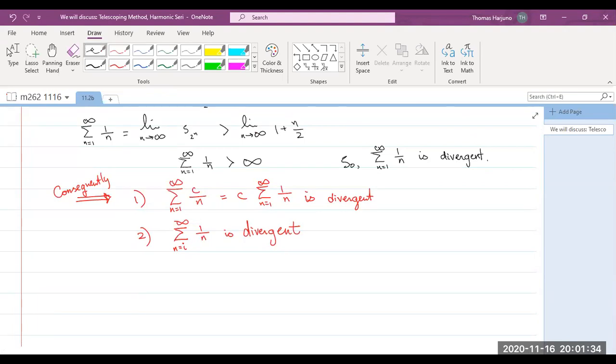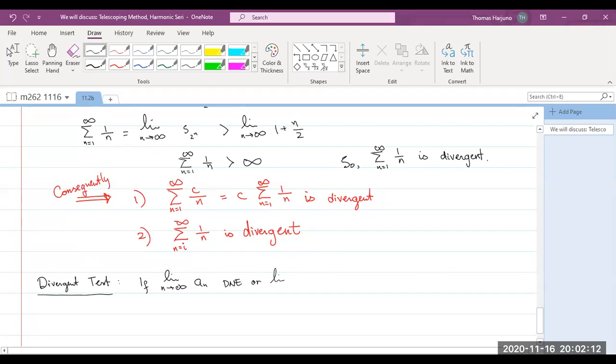We come up to a divergence test. The divergence test says that if the limit as n goes to infinity of the sequence does not exist or is not equal to 0, then, actually, I don't like that.